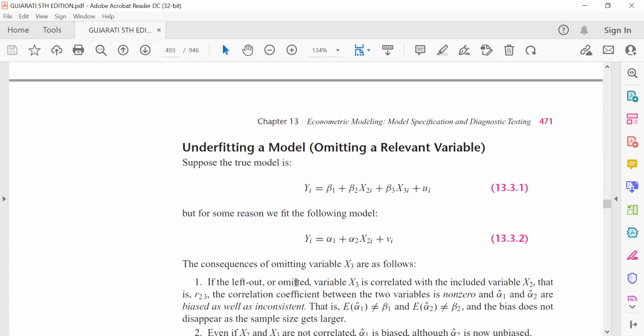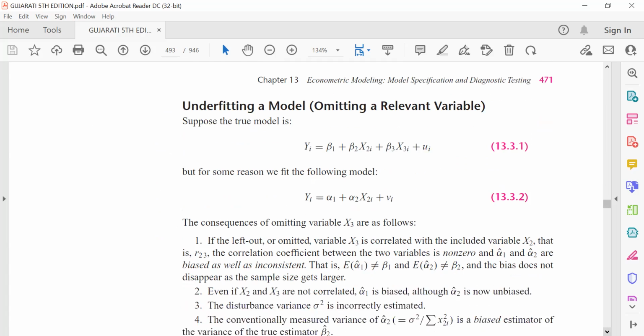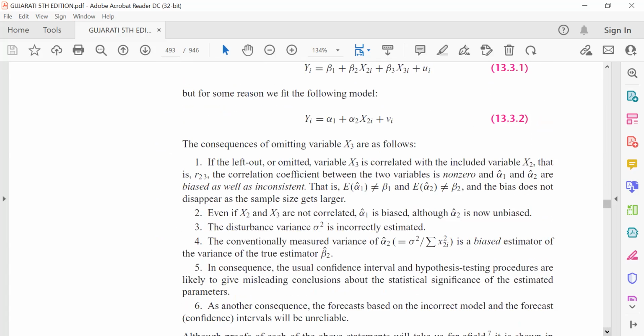Okay, the consequences of omitting variables are as follows. One, if the left out or omitted variable is correlated with the included variable, okay, the correlation coefficient between the two variables is non-zero, and alpha 1, alpha 2 are biased as well as inconsistent. Okay, bias.